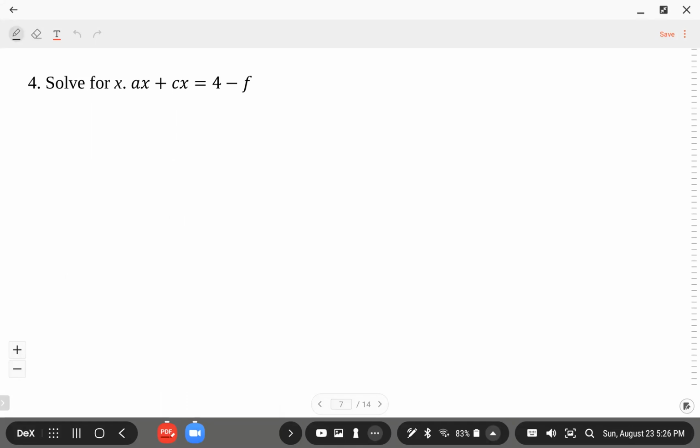And then we have our last review problem, and this is rearranging multivariable equations. So please solve this one, and solve for x. And then there's some newcomers.